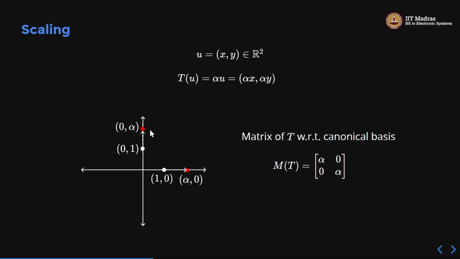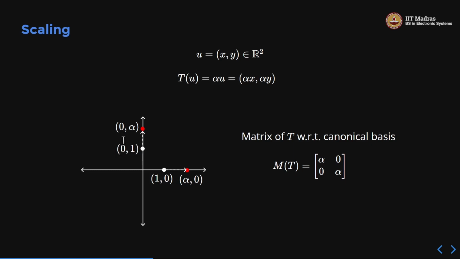Okay. Now, if you want to see it pictorially in the xy axes and the plane, look at (1, 0), which is e1, the canonical basis vector, the first basis vector. If you do T of (1, 0), you're going to get (alpha, 0). So the first column of the matrix representation with respect to the canonical basis is (alpha, 0). Now if you look at (0, 1), through this scaling transformation it will become (0, alpha).